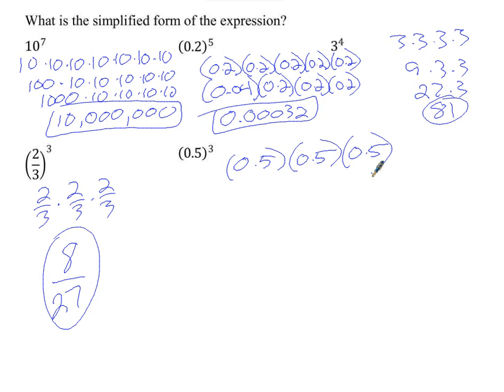What? Nope. What's 5 times 5? 25. So 0.5 times 0.5 is 0.25. So we have 0.25 times 0.5. So what's 0.25 times 0.5? What's that?